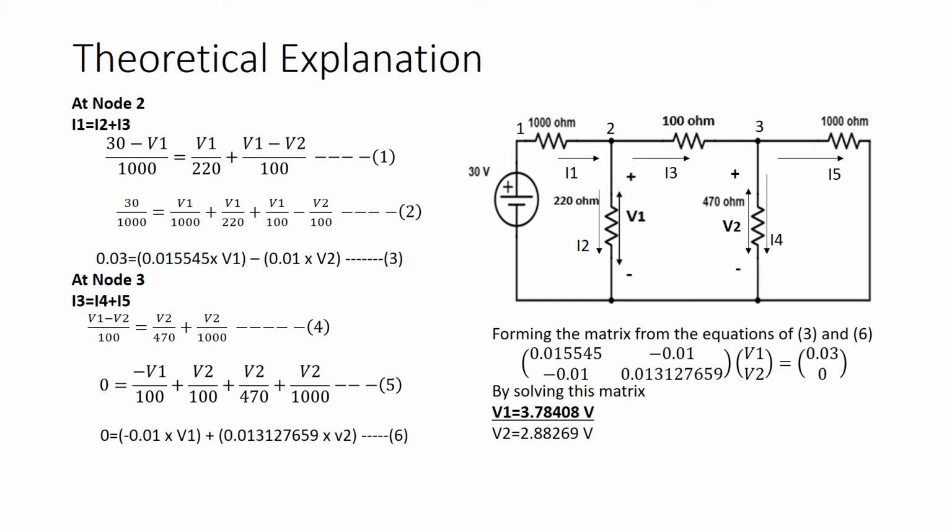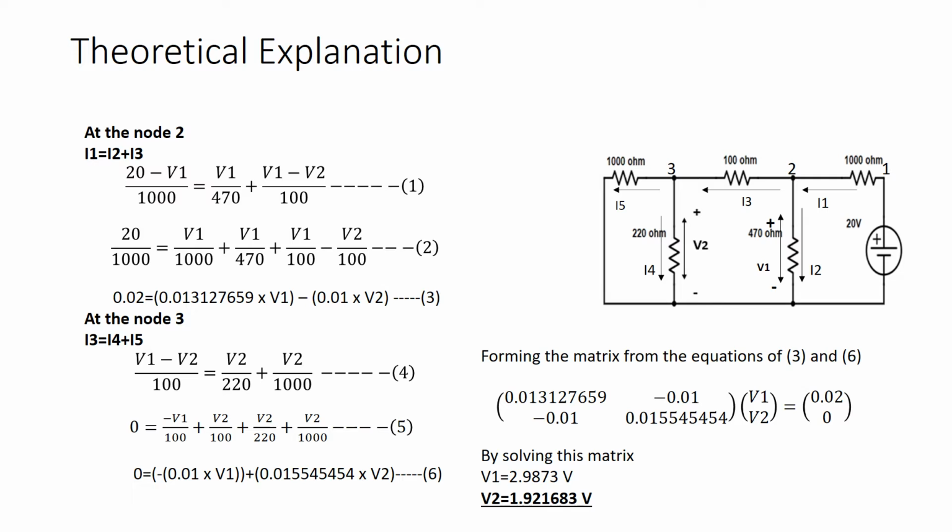At the end, that equation becomes 0 is equal to minus 0.01 into V1 plus 0.0131 into V2. Using equation 3 and equation 6, we have formed the matrix. Using that matrix in the calculator, as we saw in the previous video, using equation mode, we can find the voltages. Here our V1 is 3.78 volt.